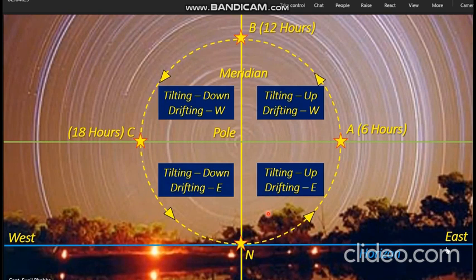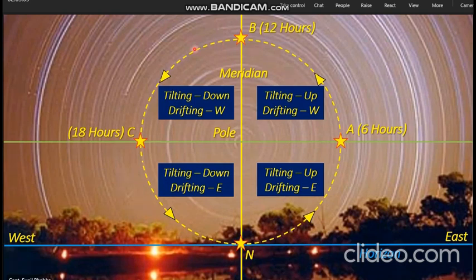Now moving further in our explanation, we have seen the tilting and the drifting motion of the spin axis. As the altitude and azimuth of the gyrostar changes, it keeps on tilting upwards or downwards, it keeps on drifting eastwards or westwards. Now, we have formulas available to us with which we can find the rate at which the spin axis is going upwards or coming downwards, and we can also find out the rate at which it is moving in the easterly or westerly direction.